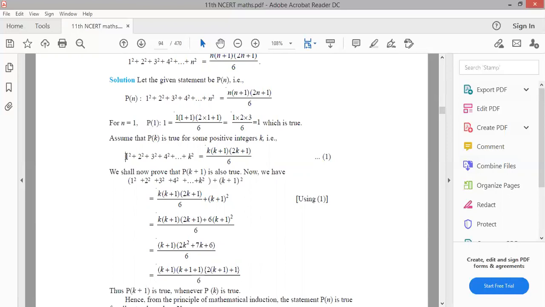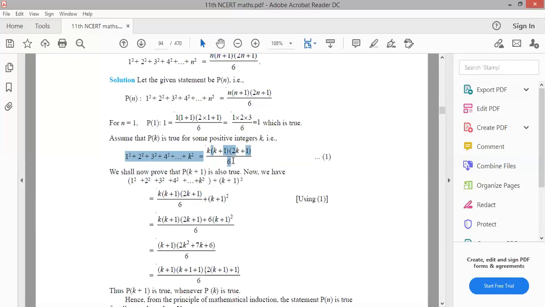So if we assume this is true, then instead of n, we have to take k. So this will be the result. The statement will be like this: 1 square plus 2 square plus 3 square plus 4 square and so on up to k square will be equal to k into k plus 1 into 2k plus 1 divided by 6. Okay.